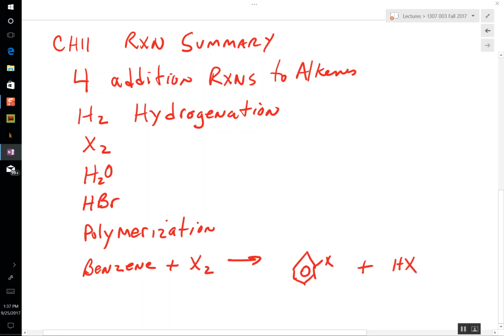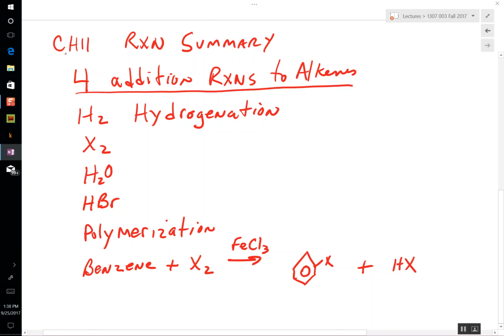So if you react chlorine with benzene, you're going to get chlorobenzene and HCl. And this is catalyzed by iron chloride. Am I missing a reaction for chapter 11? Is that it? Seems to be it. This is key.